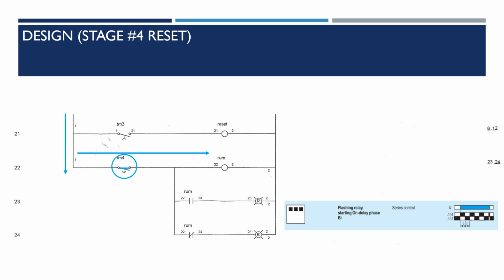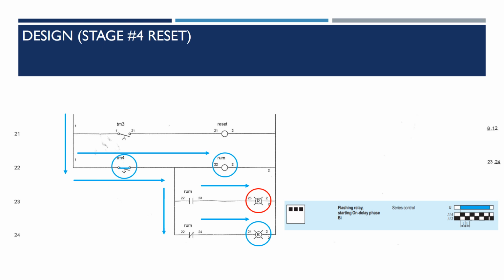This will allow power to flow through and energize our programmable relay coil, as well as apply power to the common contact on our programmable relay. We're using the flashing relay starting on delay phase, so that we have this pulsating, switching back and forth between the normally open and normally closed, which when power is applied there, we will get our red and blue flashing on and off, which gives us our police signal.